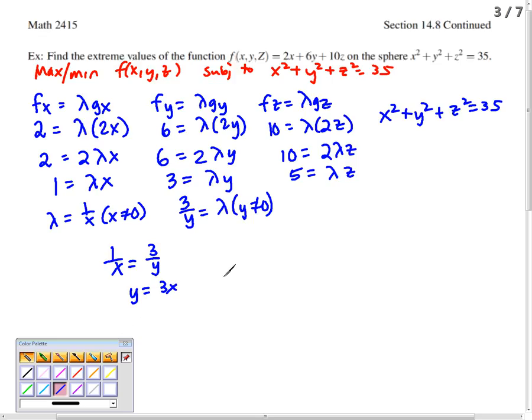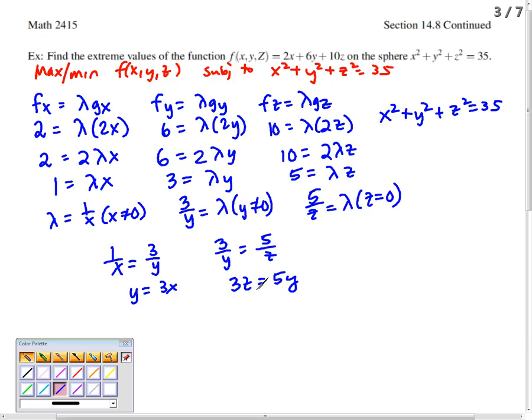Right? And I can do the same thing here. 5 over z equals lambda as long as z is not 0. And set any of these two together. Which ones? Doesn't really matter. Let's use y. So 3 over y equals 5 over z. 3z equals 5y. Wait, I want to do, wait a minute. Every time I see a y, I'm going to replace it with x. I should have solved the other way around.